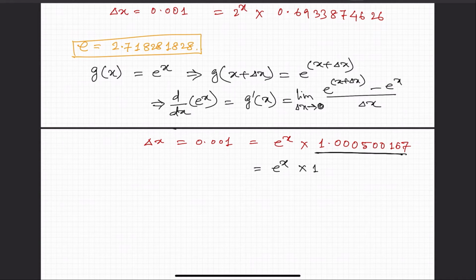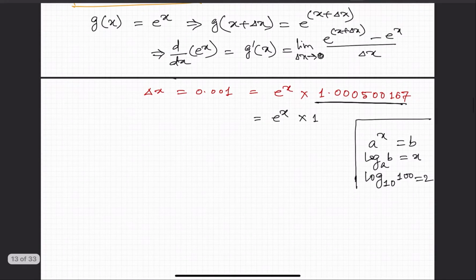So what is 1? Just for information, if a to the power x is b, then we can write log b base a is equal to x. So obviously log 100 base 10 is equal to 2. So what will be 1? We can write log a base a is equal to 1.